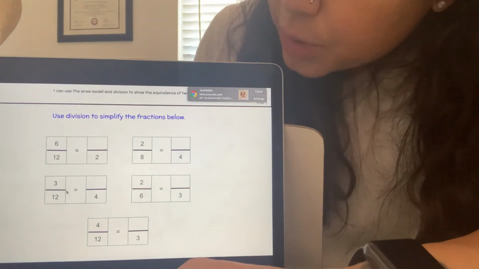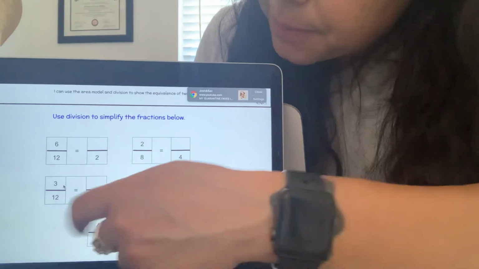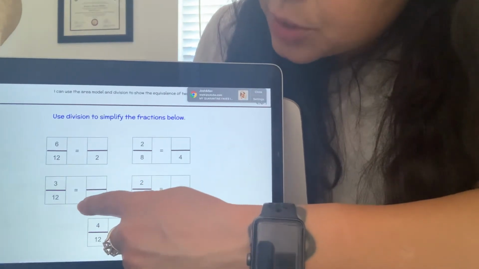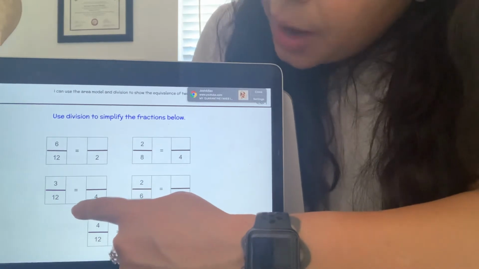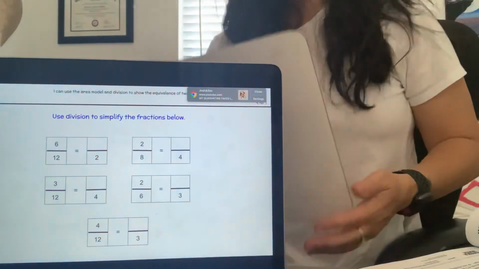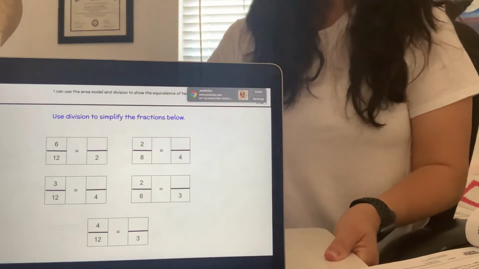Let's look at this next one here. So we're kind of going this way. So 3/12 is equal to blank over 4. Well, how many times can 4 go into 12? 3.